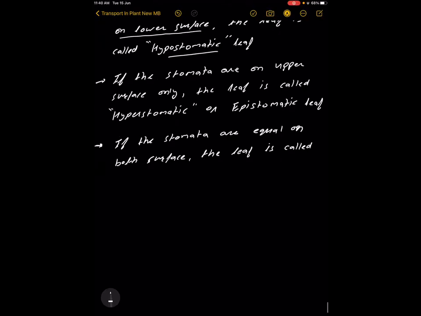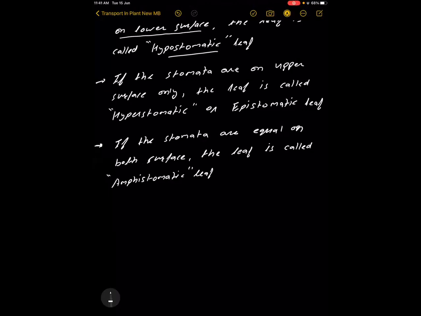Amphi means two types or two environments, two layers. So amphi means common. It is common on both surfaces, with the same number or almost similar frequency. So that is amphistomatic.